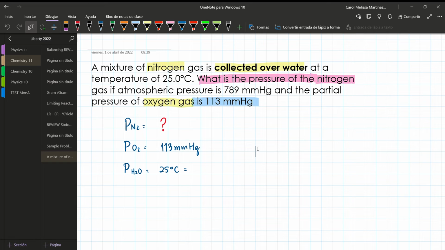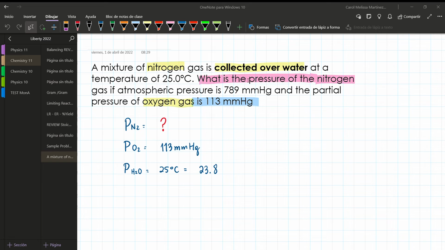Okay, and the pressure of water is at 25 degrees Celsius. Can you please tell me what is the pressure of water in millimeters of mercury at that temperature, please? 23.8.